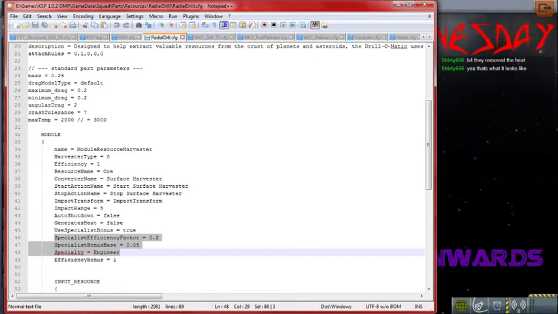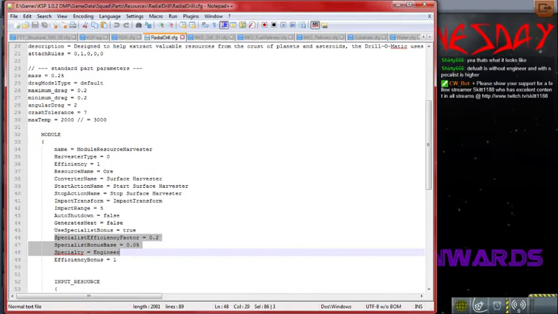You're definitely kind of curious. Yep, because the efficiency of the drill goes up with having a specialist on board as well. That's quite interesting. Well spotted there, Shirty.